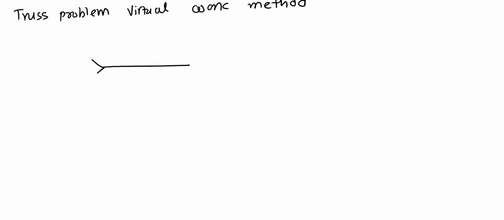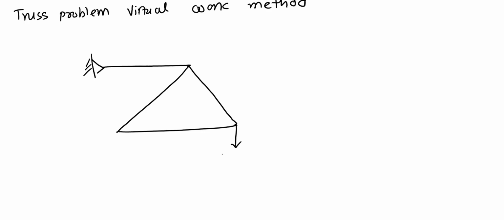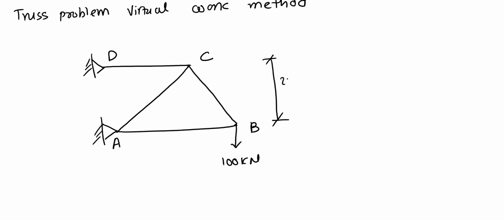It has a truss, there's a pin connection here, and we have the truss members, and it has an external load of 100 kilonewton applied at point P. We have point A, which is pin, point D, point C, and the distance between these two is 2 meters, and the distance from here to here, these members are each 2 meters.